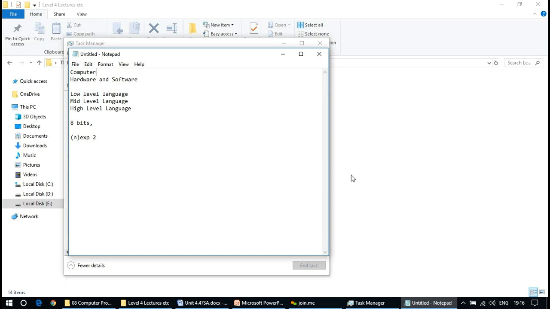If you want to write any high level program, then you need an IDE. Integrated Development Environment.